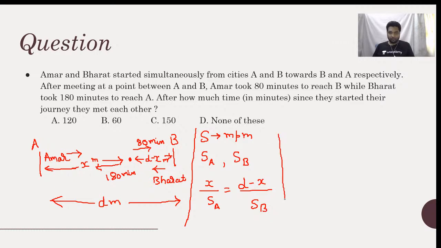Next, we know that speed of A is equal to, we have to find this value. How many minutes? This was what we are supposed to do. See, A is able to cover D minus x meters in 80 minutes. And B is able to cover x meters in 180 minutes.